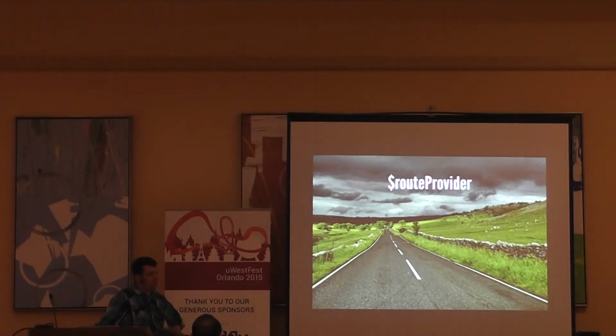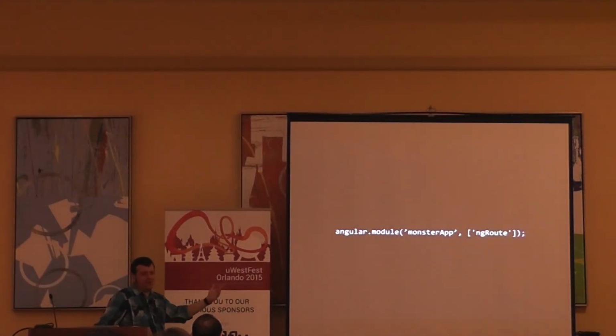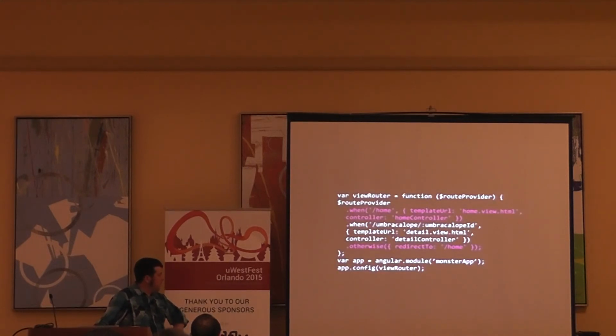All right, route provider. I talked about it earlier. If you're using Angular to handle views, you might as well use Angular to handle the routing, the pathing. This sets it up for you. It's just a thing you can include. See that slide? I knew I had a purpose for it. That's how you would attach it to your Angular app. And then you can use it with this really convenient thing where you say, if they have this URL, do this cool thing: go to this template, load this controller.